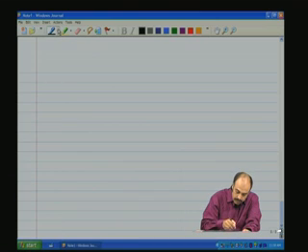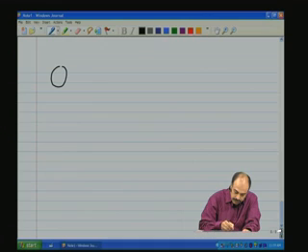So let me draw a scaled down circuit of a source here.